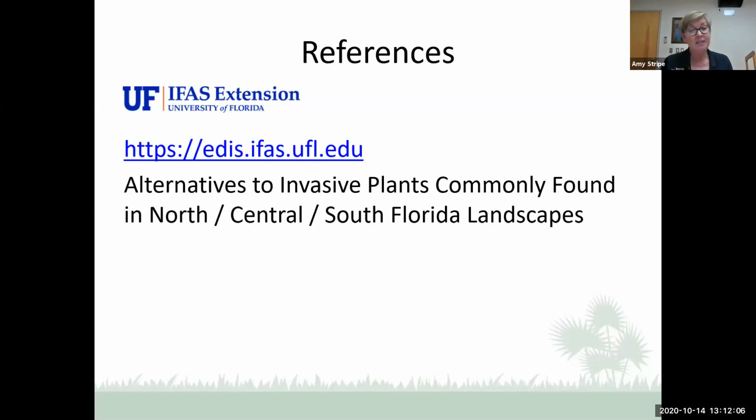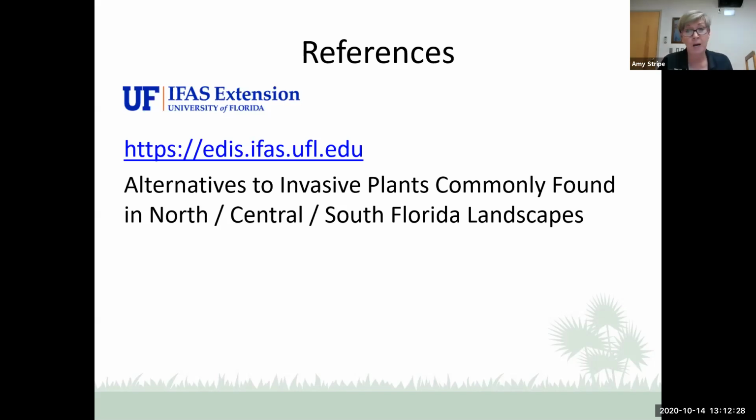My selection of alternatives is based on similar morphology, similar cultural needs, and so forth. So while it might not be quite obvious when you look at my alternatives, there's a lot of thinking behind it in terms of whether it will suitably thrive in the place in your landscape where you're removing an invasive.